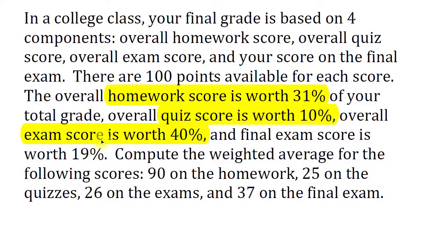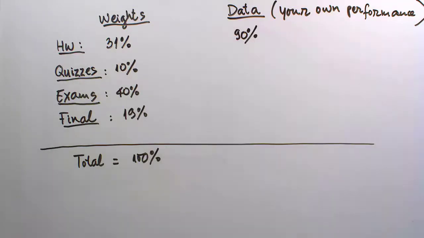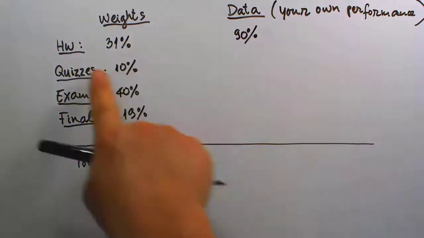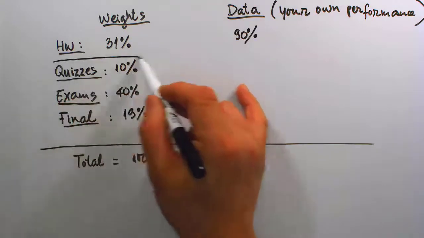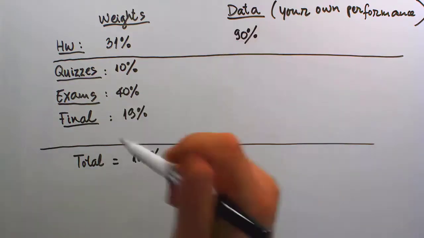And the statement in the example says there are 100 points available for each score. Basically, it just tells you that any of these data values can also be measured in terms of percentages. So your homework, you have earned 90%. You have completed 90% of all your homework.